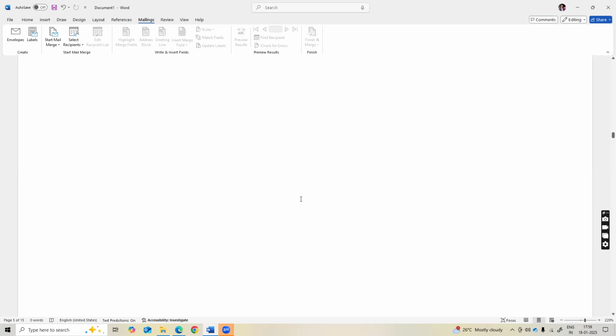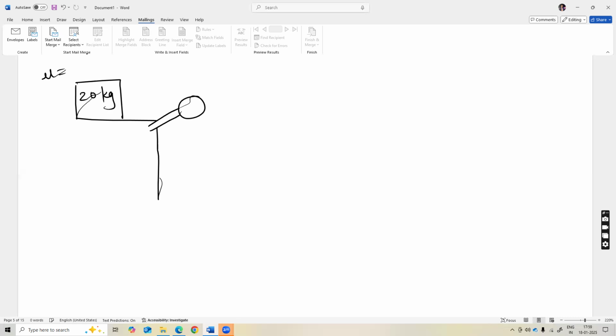Okay. So let's take one example. There is a system where mass m1 is 20 kg, the coefficient of friction is 0.1, and there is another mass of 100 kg.